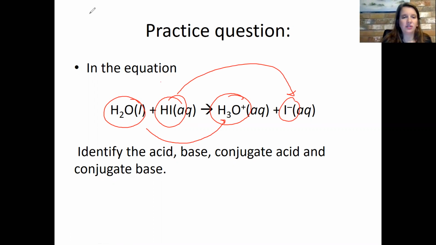The HI donated the hydrogen because it went from HI to I negative. So that means the HI is the acid. What has to be the base? The H2O has to be the base because it accepted the hydrogen. What goes with the base? The conjugate acid. What goes with the acid? The conjugate base.